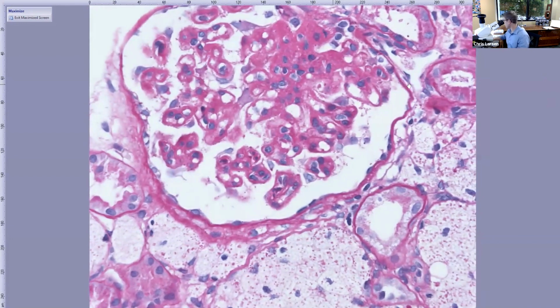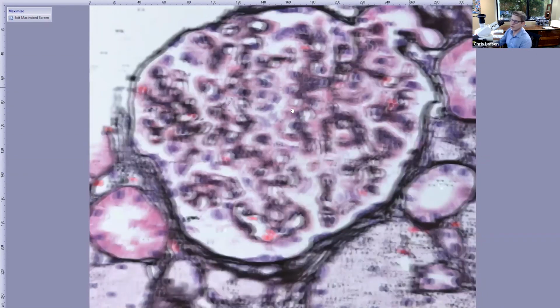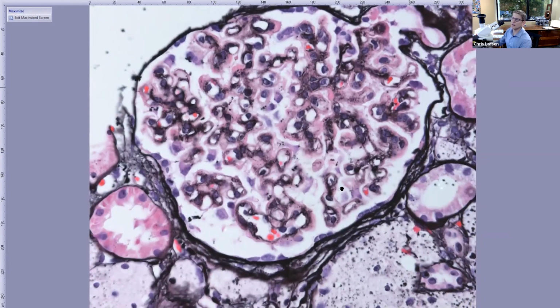And if we want to further characterize that, we can quickly look at a Jones stain, and we'll be able to see what's going on here. Is this an MPGN pattern? At first glance, it looks like that, but if we look closely, I think you can appreciate some eosinophilic material that sits on top of or outside of the glomerular basement membranes in most of these glomeruli.